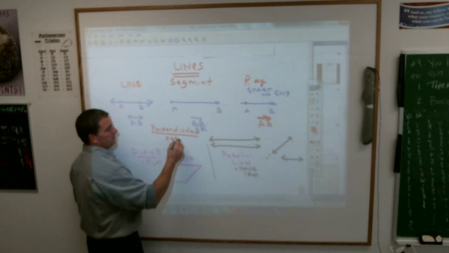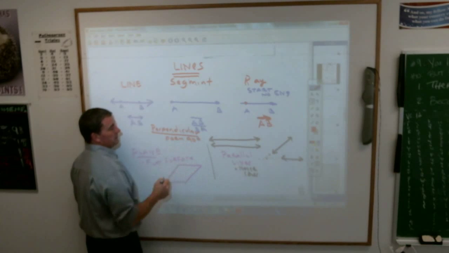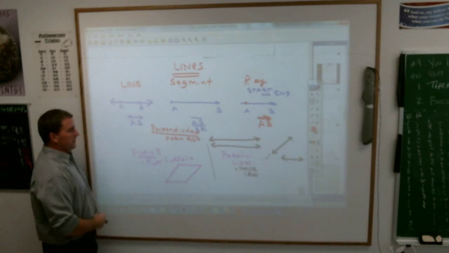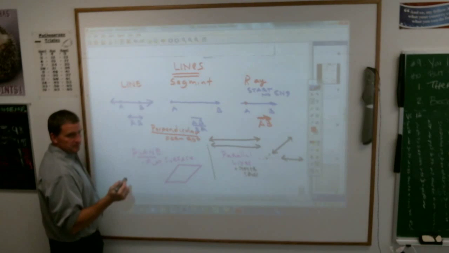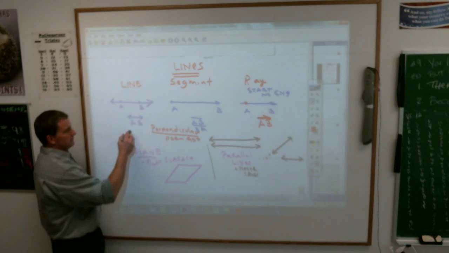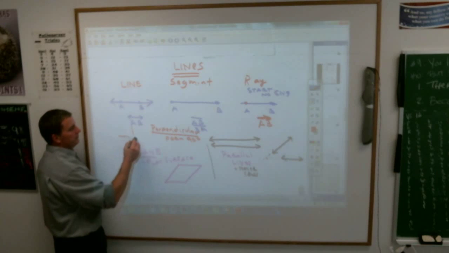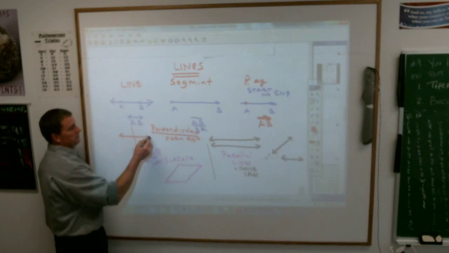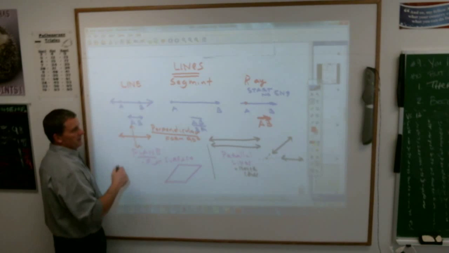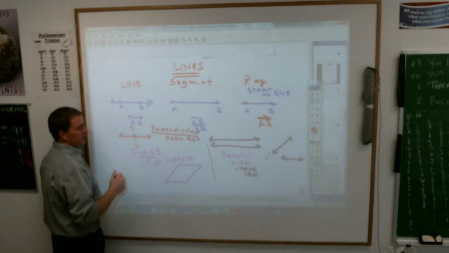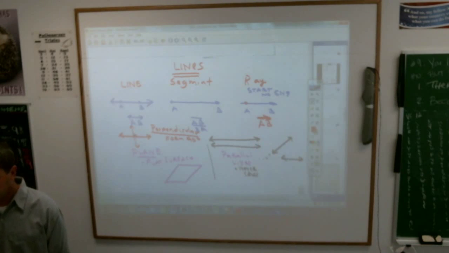Yeah, they form 90-degree angles. So if somebody says, oh, I'm still perpendicular, what does that mean? They're still alive. They're still standing up, they're perpendicular to the ground. Perpendicular lines form right angles and they cross there.